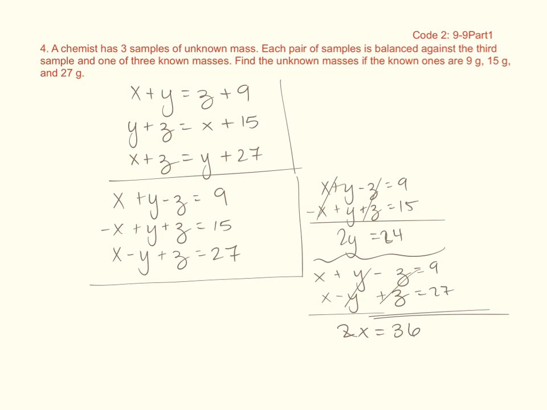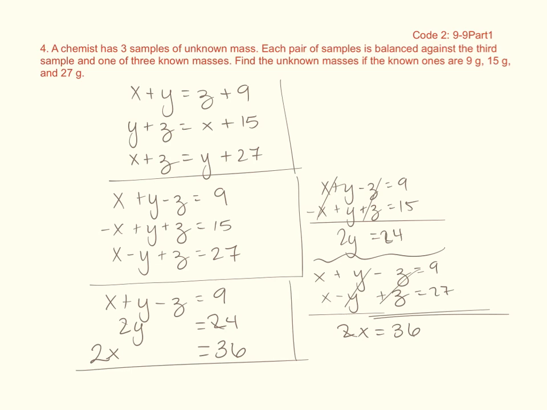And so when I plug those back in, I get x plus y minus z equals 9, 2y equals 24, and oh my god, my pen won't write tonight, 2x is equal to 36. So I can solve for x and y.